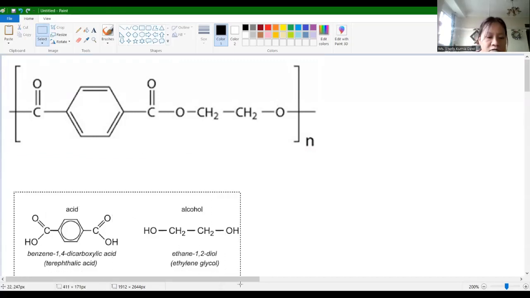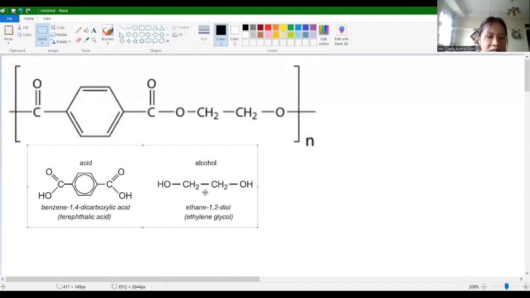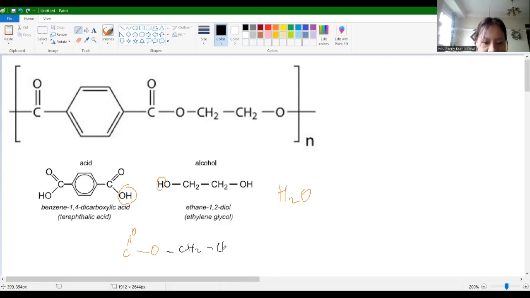Okay, so what actually happens when this reacts? This is what makes the condensation of polyester. The esterification will happen, so OH here and H here will be removed as H2O. And this COO will make this one, and the rest of CH2OH is here.